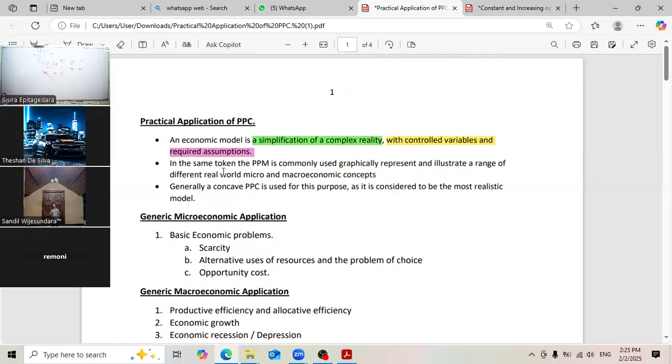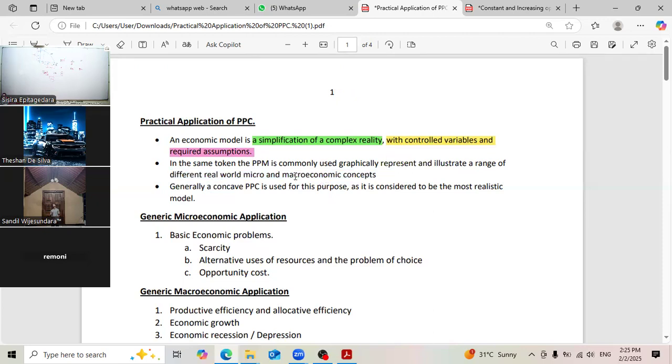Then in the same token, the PPC is commonly used to graphically represent and illustrate a range of different real world micro and macroeconomic concepts.